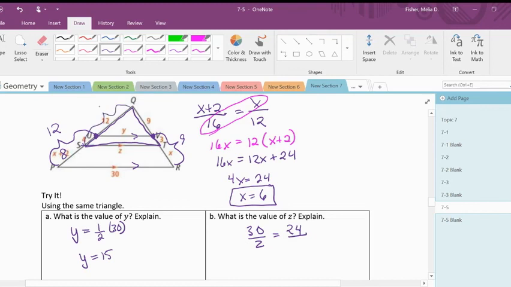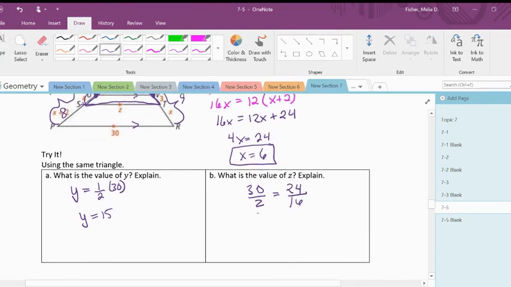If we remember, that was 16. That gives me 24z, and 30 times 16 is 480. Dividing both sides by 24, I get that z equals 20.